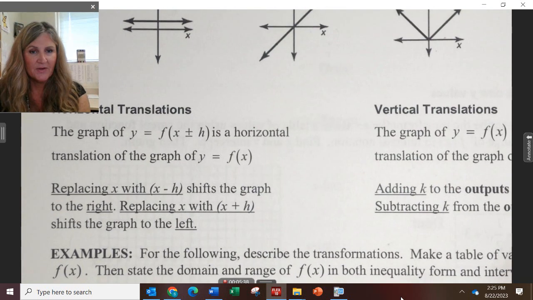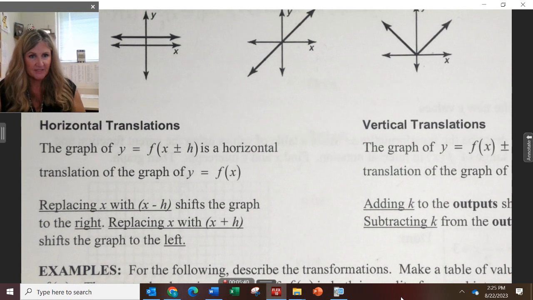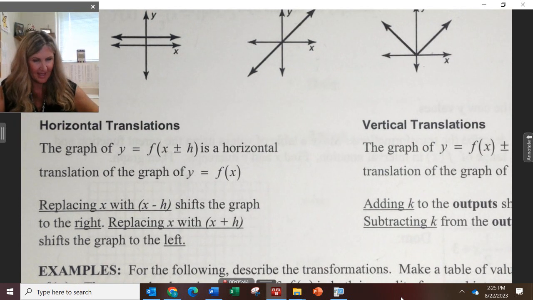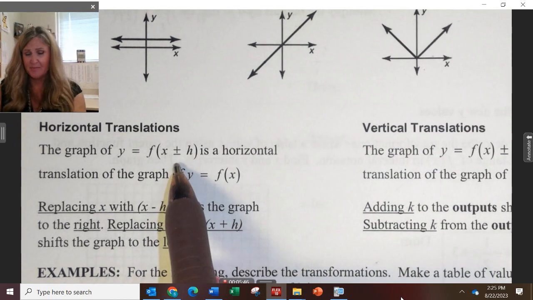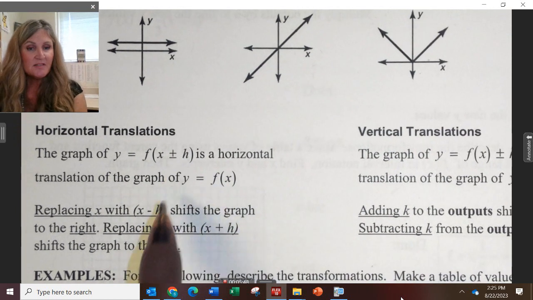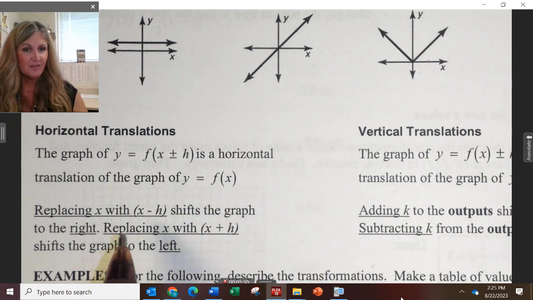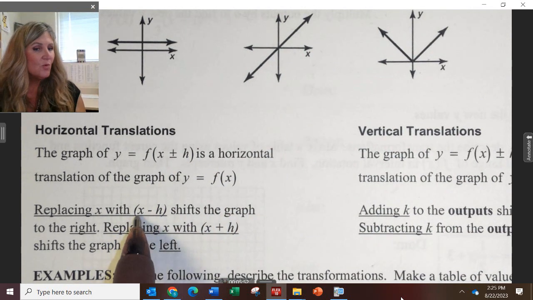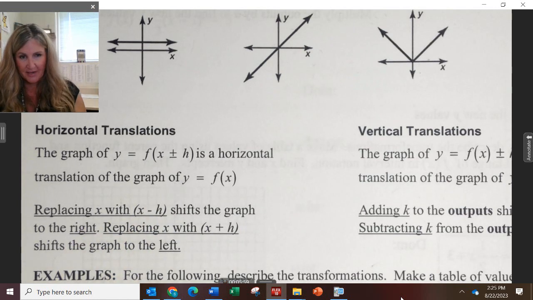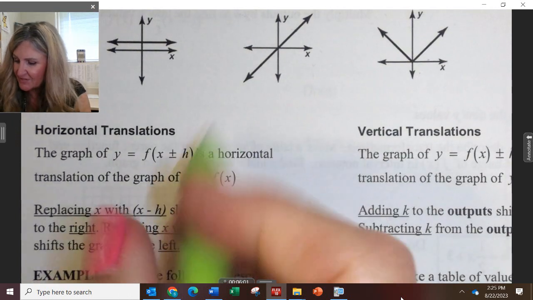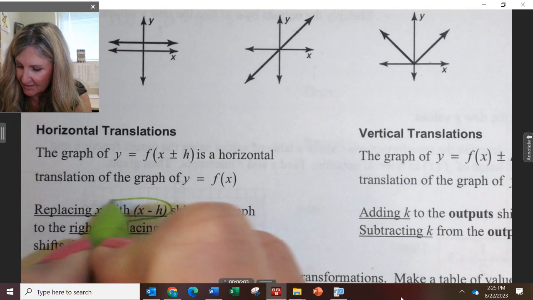All right, we need to know these horizontal translations. If we have f of x plus or minus h, this is going to be a translation, either left or right. When we replaced x with x minus h, that shifted it to the right. You have to highlight that or something.